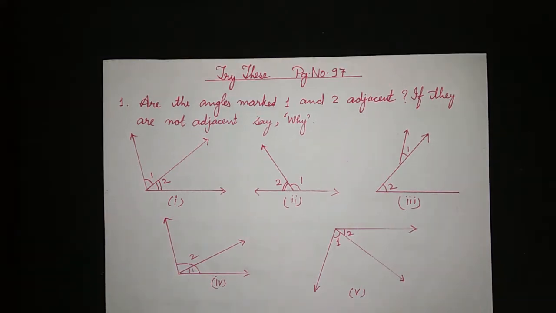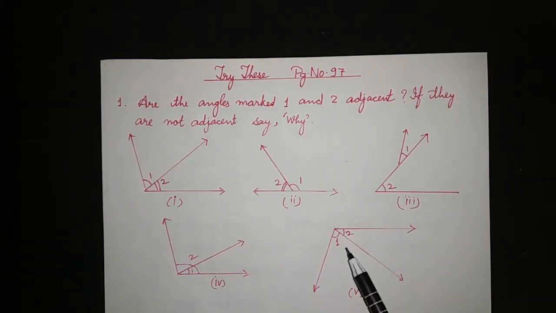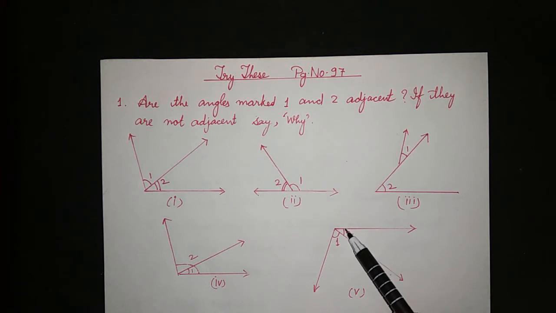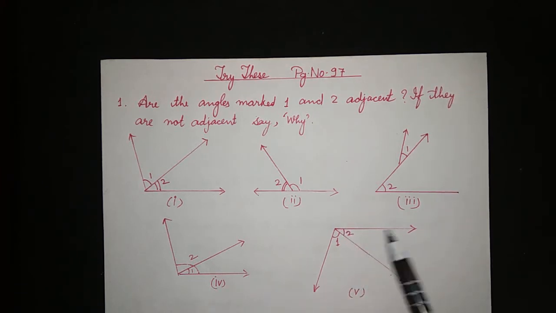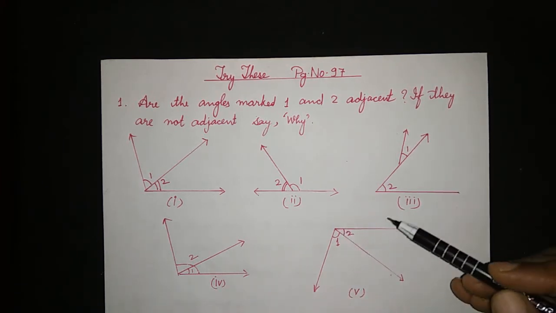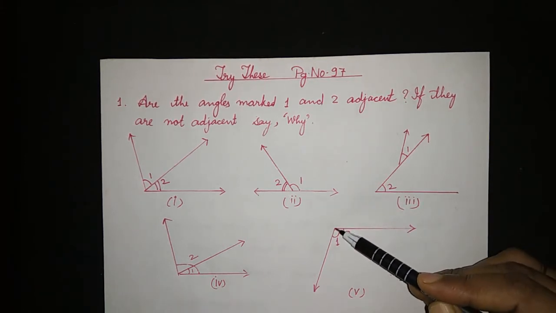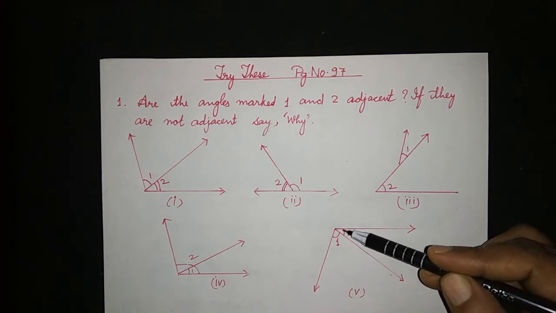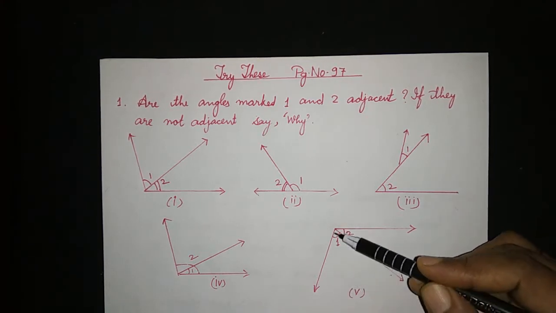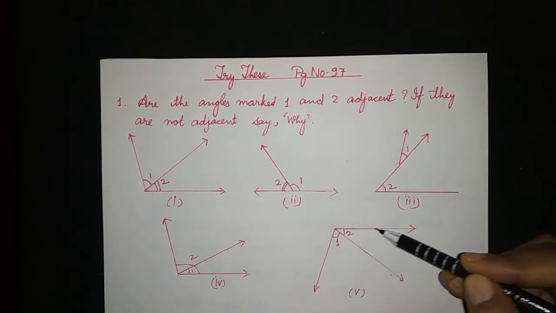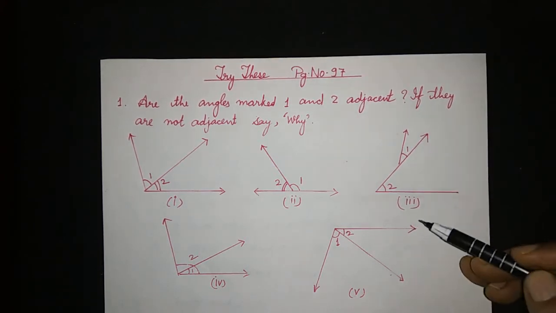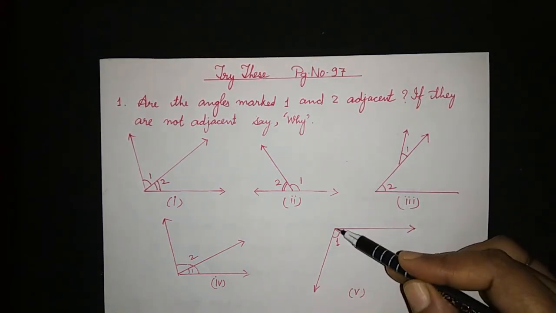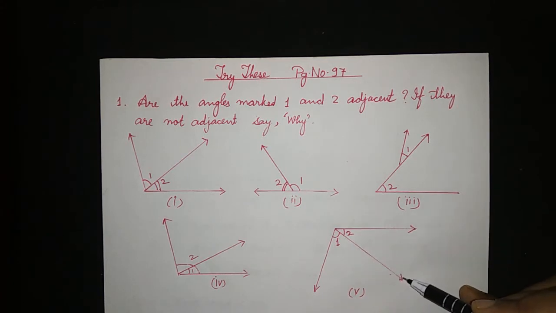Now see the fifth part. In the fifth part, this is angle 1 and this is angle 2. Here angle 1 and angle 2 are adjacent because they have a common vertex, they have a common arm, and here you can see two non-common arms on either side of this common arm.